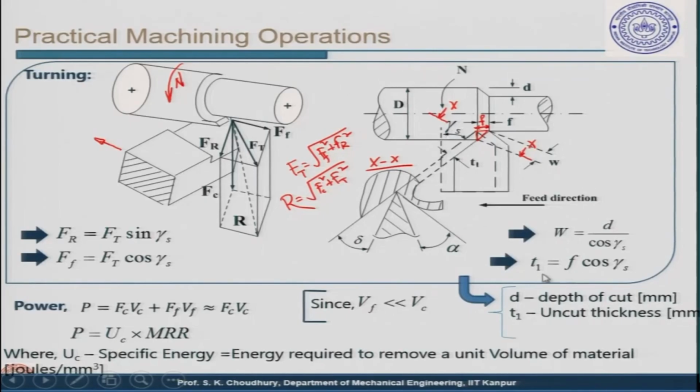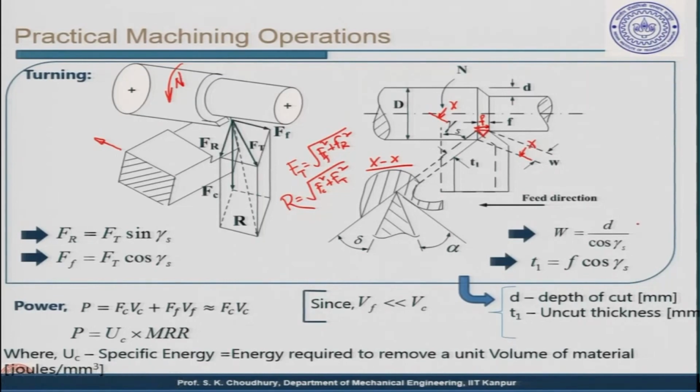And similarly, T1, which is the uncut thickness, is equal to F, that is feed, times the cos of the side cutting edge angle. You can find that from this small triangle. From this triangle you can find out that T1 is equal to F cos gamma s.